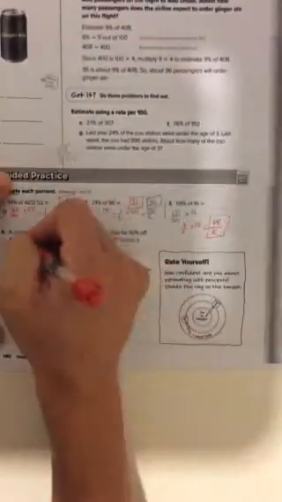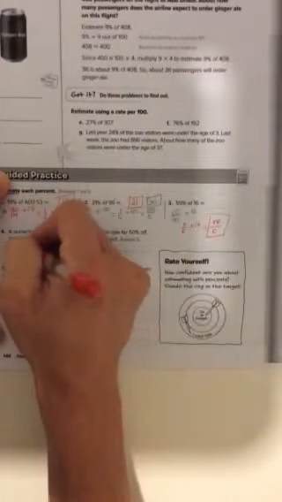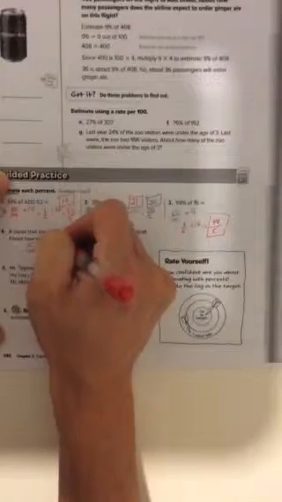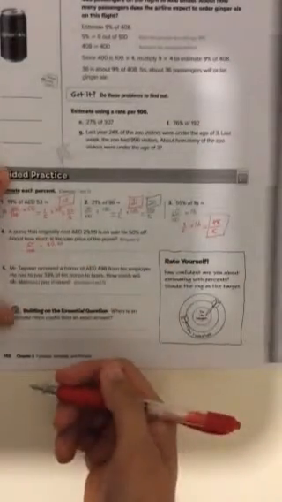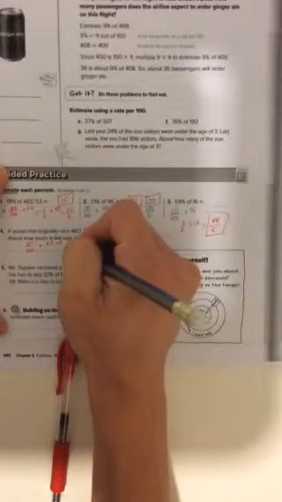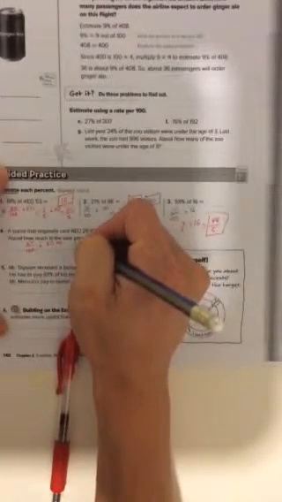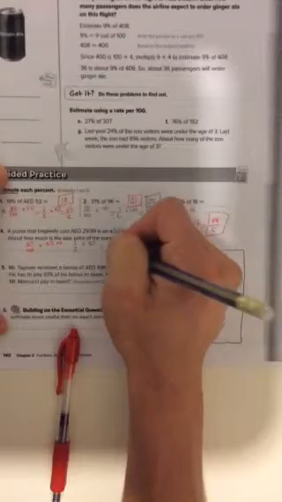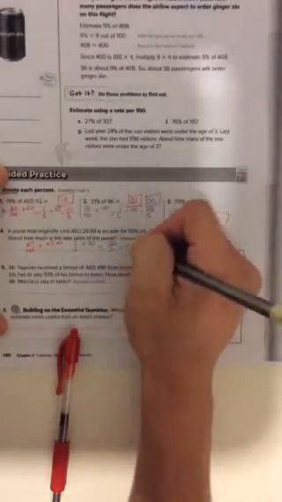So I want 50% of 30 dirham. 50% is about, not even about, it is 1/2. So we want 1/2 of 30. So 1 times 30 is 30 over 2. 30 divided by 2 is 15. So it's about 15 dirham. Okay.